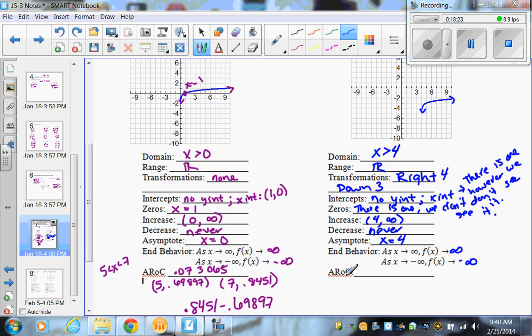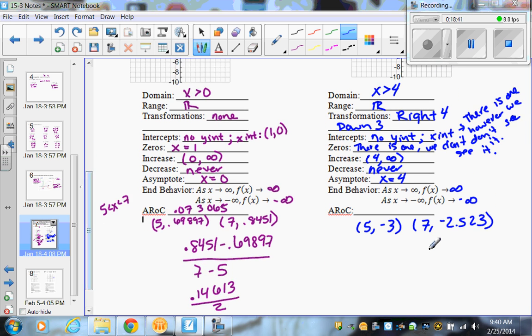So again, for the average rate of change, we're going to go to our table of values, and we see that at 5, we have -3, and at 7, we have -2.523. So if we calculate the slope from there, we have -2.523 minus -3 over 7 minus 5.